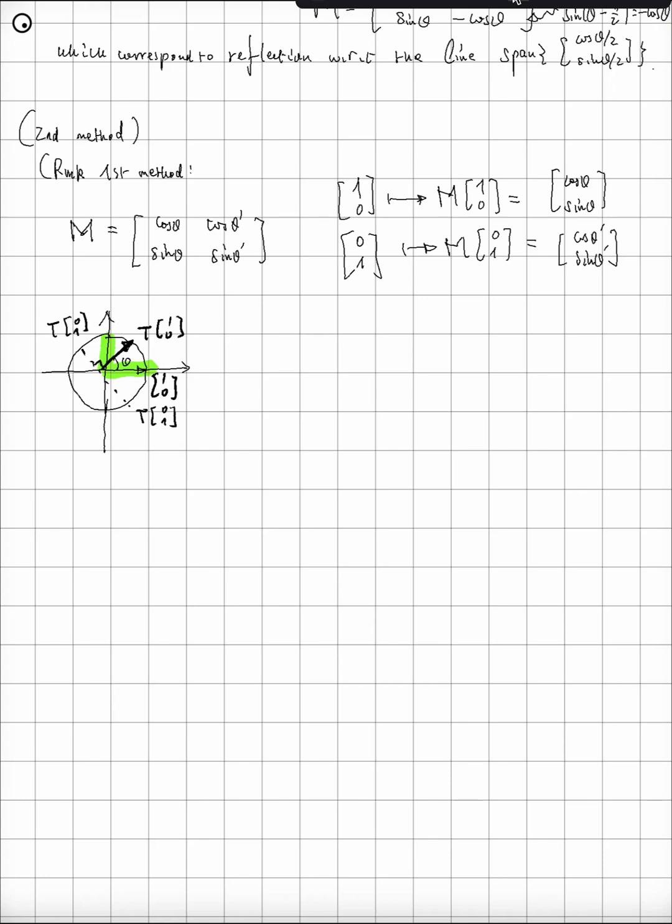This corresponds perfectly to theta prime, because we call this angle of T of 0, 1 theta prime. It corresponds exactly to theta prime equals theta plus pi over 2 mod 2 pi, or theta prime equals theta minus pi over 2 mod 2 pi, right?